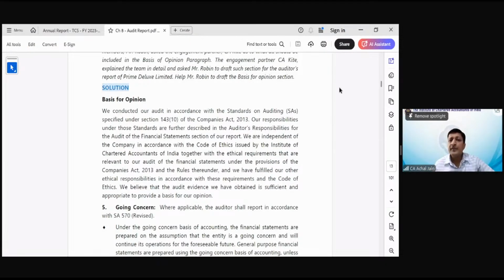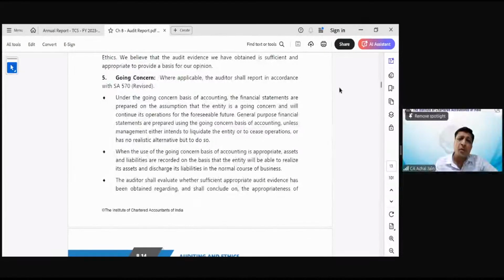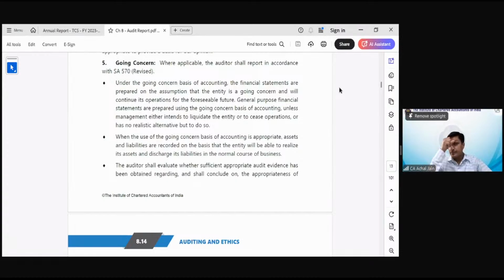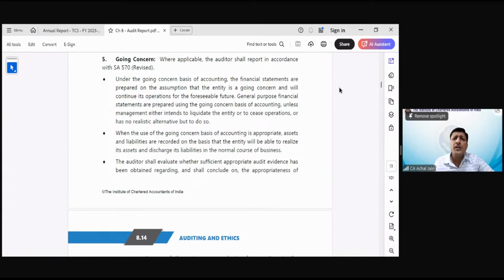Clear? Everyone clear? Okay, now next section. See, the next section is about the going concern. Now, if you remember, we have already discussed going concern in our previous sessions. So can somebody explain what is going concern? What is it that we discussed about going concern? What is required to be considered in respect of going concern by the auditor?